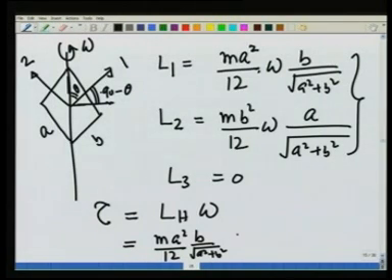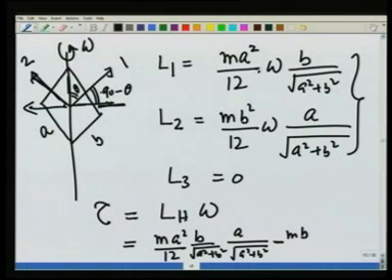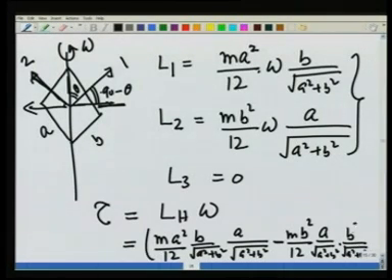Sine of theta is a divided by square root of a square plus b square. That is in this direction. The L2 component would have a horizontal component going in this direction. So, it will be minus m b square over 12 times a over square root of a square plus b square times b over square root of a square plus b square times omega.